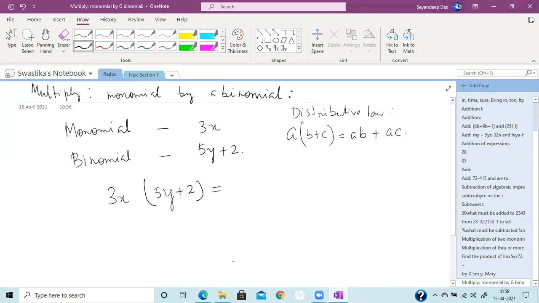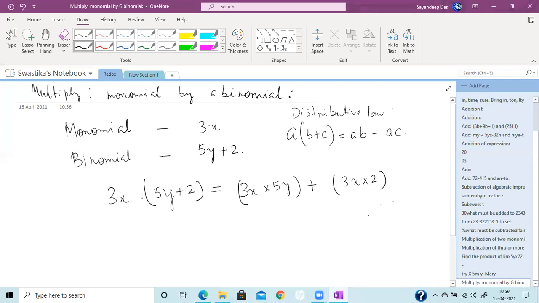For the distributive law, you write 3x into 5y. First multiply 3x into 5y plus 3x into 2. This is the distributive law.